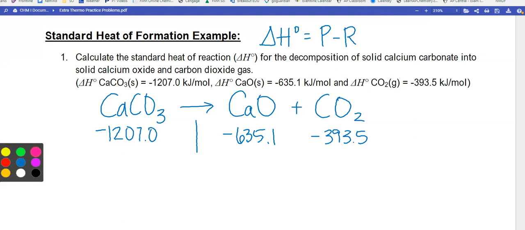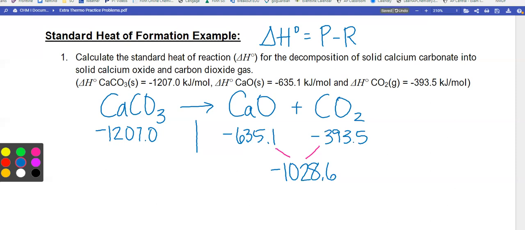But adding the products together, so negative 635.1 plus a negative 393.5, you should get negative 1028.6. Okay, so that's total products.